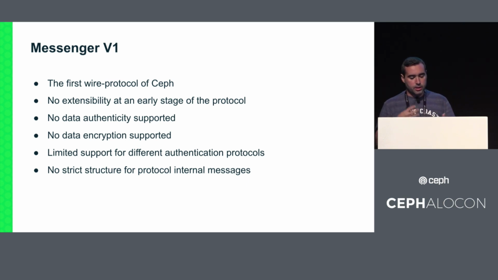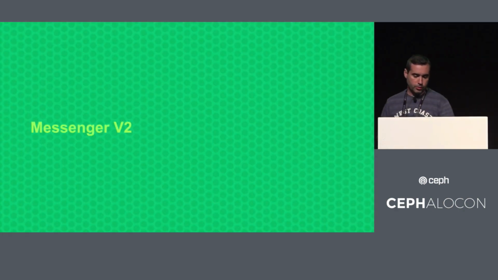Also, the protocol control messages were not very structured, and it needed some refactoring. These limitations led to the necessity of creating a new protocol, and this is what led to v2.